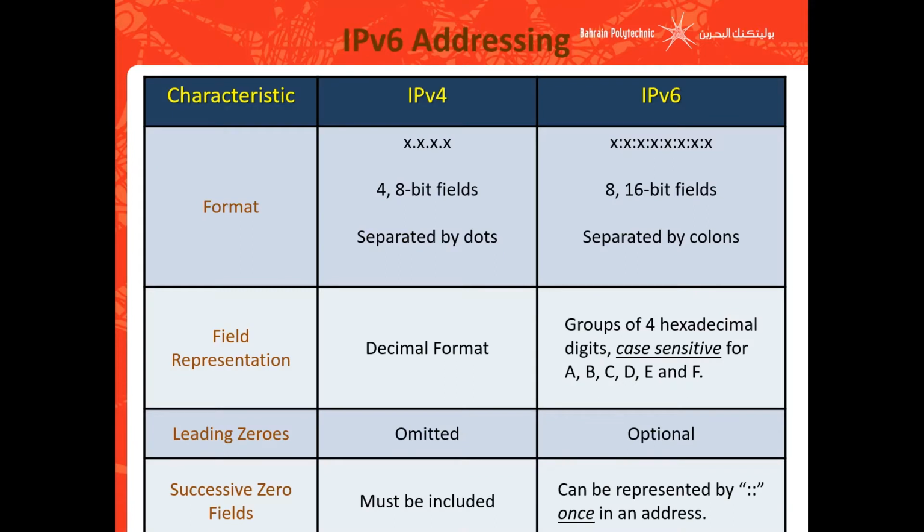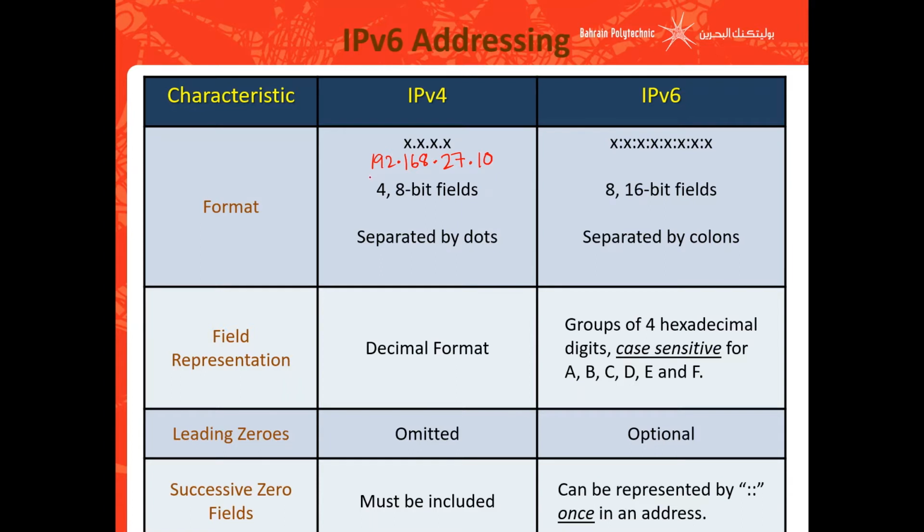Okay. Now, how is IPv4 different from IPv6? If you remember, IPv4 addresses were written like this. You would have a number here, so for example, it would look something like this: 192.168.27.10.